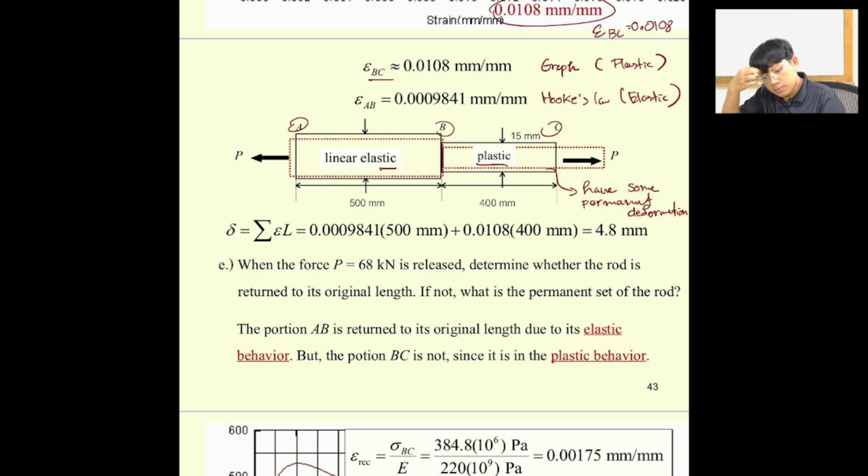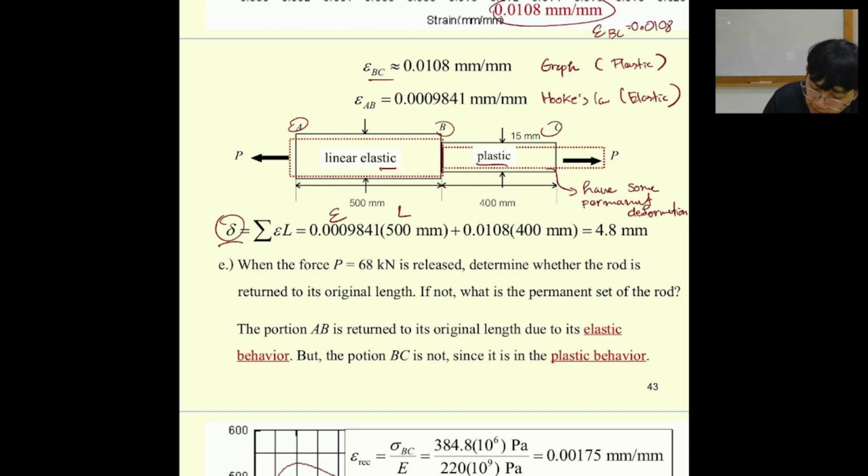Okay, but the question is asking what is the total length when it's subject to the force, which means right now we are still pulling, okay, both P, which means if we like to find the deformation, it's going to be strain multiplied with its length, strain times length. So this one is going to be strain AB, LAB, plus strain BC, LBC, and then I'm going to get the deformation in total of 4.8.